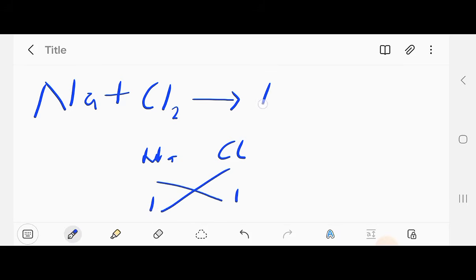Because chlorine forms a molecule. Make your arrow. Now what is going to be the product? To do the product, you need to know the valency for the individual elements involved. Valency for sodium is 1, valency for chlorine is 1. So when you exchange, you're going to have NaCl.